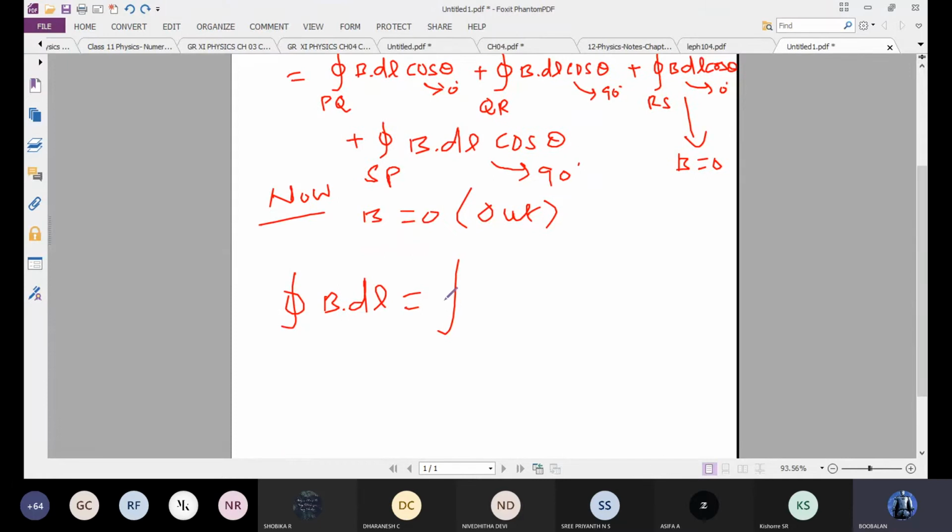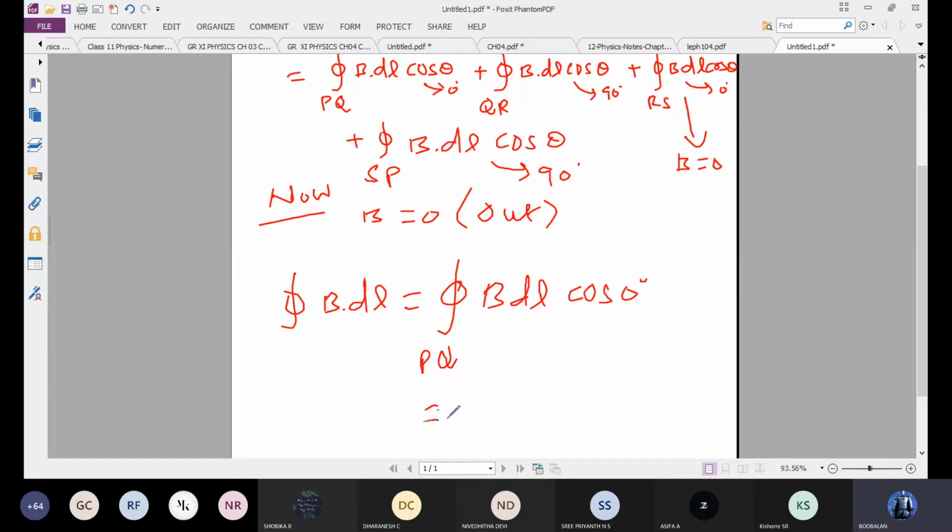So this is called the closed integral, now PQ. It is B dl cos 0 degree. Cos 0 degree value is 1. Now B times closed integral PQ dl.